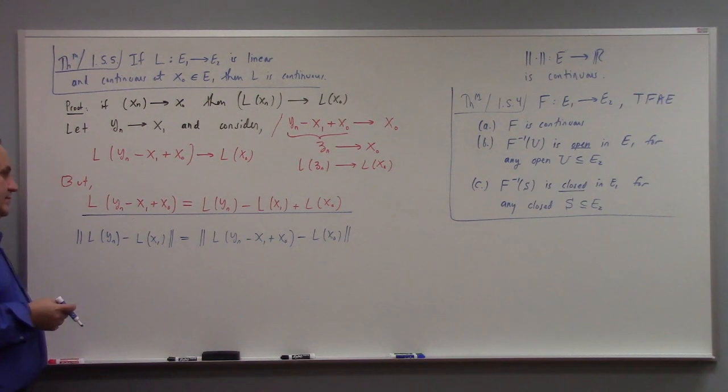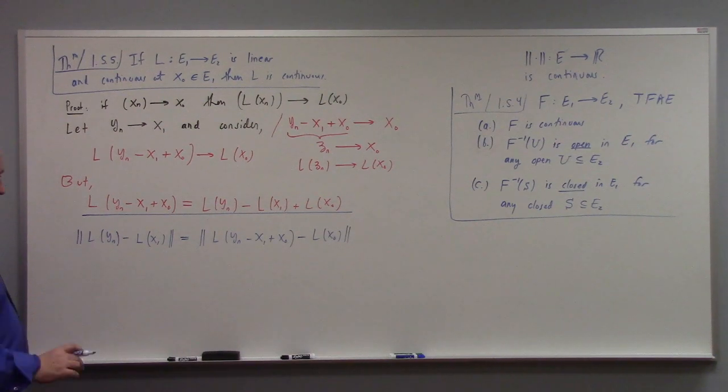Yeah, but you can still break it up. Oh, but that goes to 0 based on what you were just saying, because L of yn minus x1 plus x naught goes to L of x naught. Oh, they both limit to x naught.